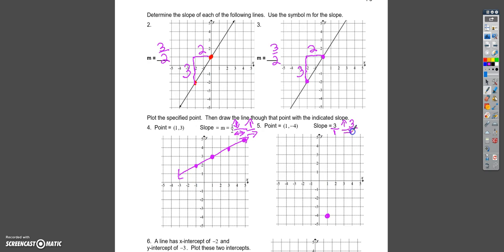Positive 1 says we're going to go right 1. So from our point, we're going to go up 3, right 1, and put a dot. Up 3, right 1 and put a dot. And then you can draw your line.